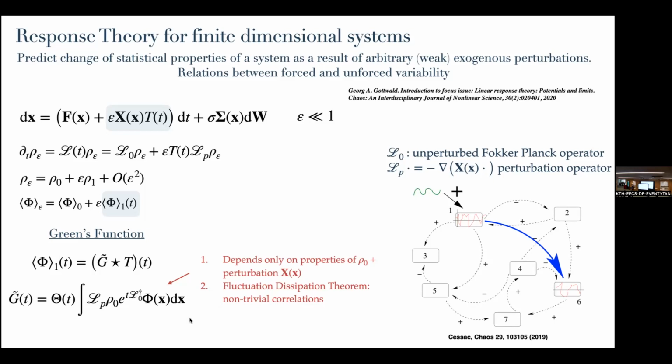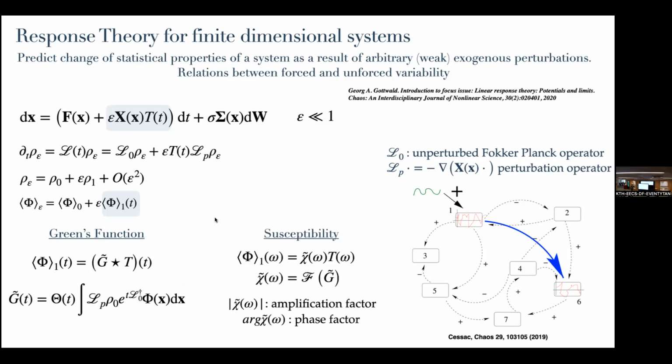Rather, for non-equilibrium systems, the functions in the observables in the correlation functions are not known. So one can apply this whole machinery, and as I said, the Green's function is exactly the mathematical quantity that tells you how an input on node 1 affects the statistical properties of node 6.